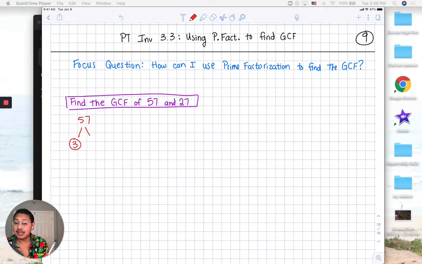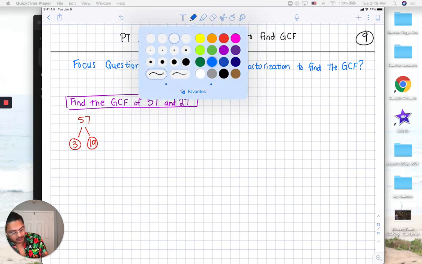So I write 3 on the left side, and 3 times what gives me 57? 3 times 19. Is 19 prime? Can I break it down further? I can't, so 19 is where we end. So that's the prime factorization for 57. Let's do the same thing for 27.